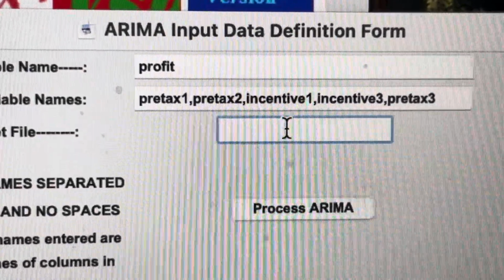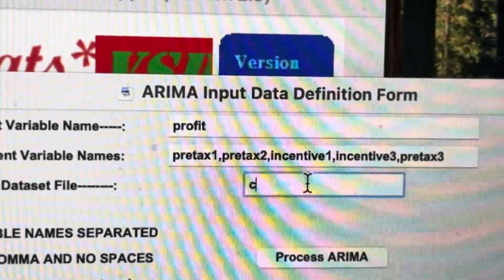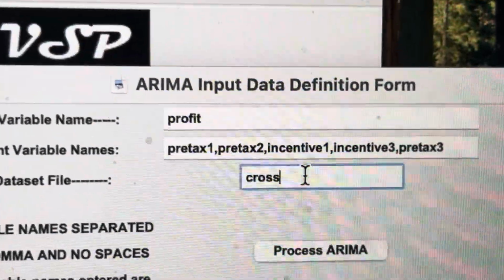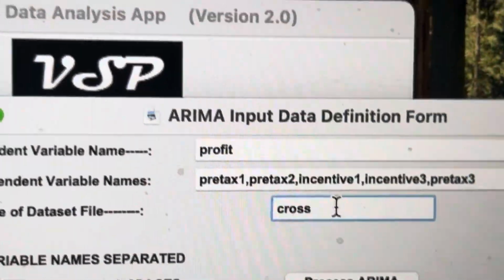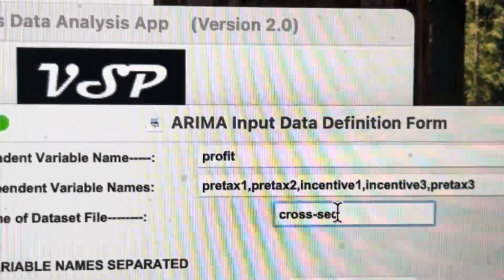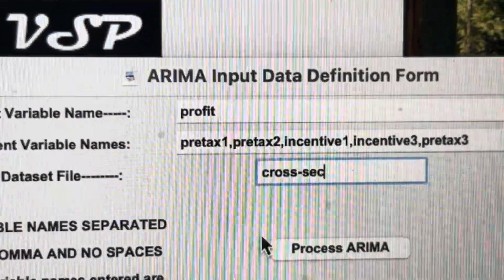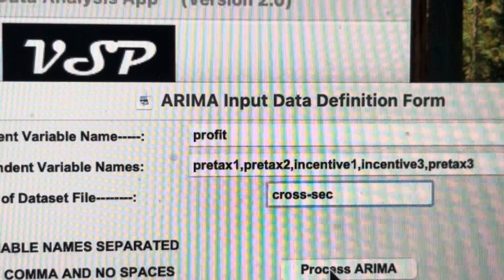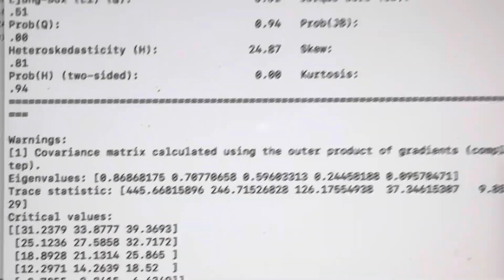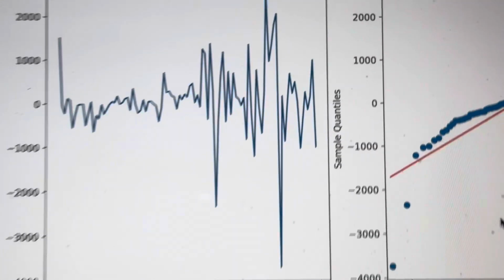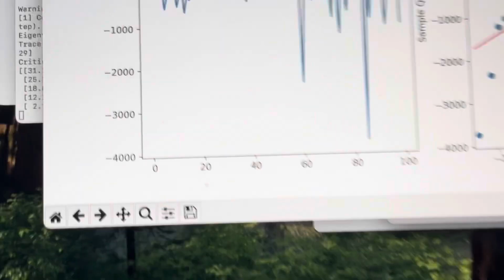So we still call on the cross sec as our data, and there we process ARIMA. Let's see what ARIMA can offer us. ARIMA has processed, and ARIMA has produced its own plots.